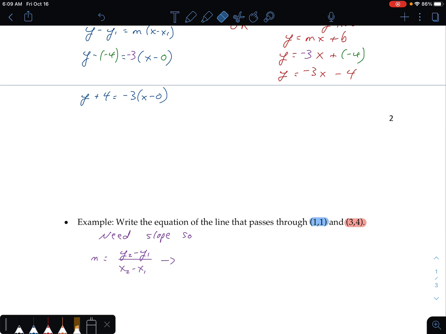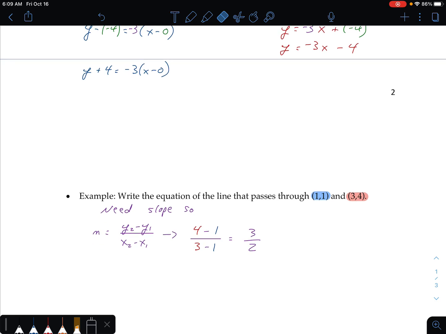You cannot jump back and forth between points. So let's start with the red one, 4 minus 1, which are my y values, over 3 minus 1, my x values. I subtracted blue from red, and that equals 3 over 2.